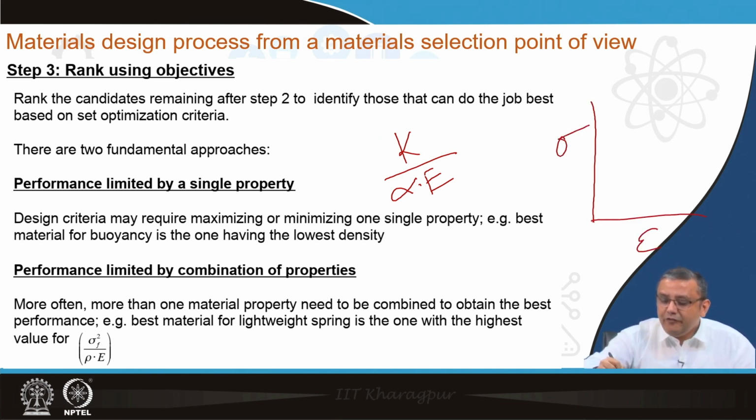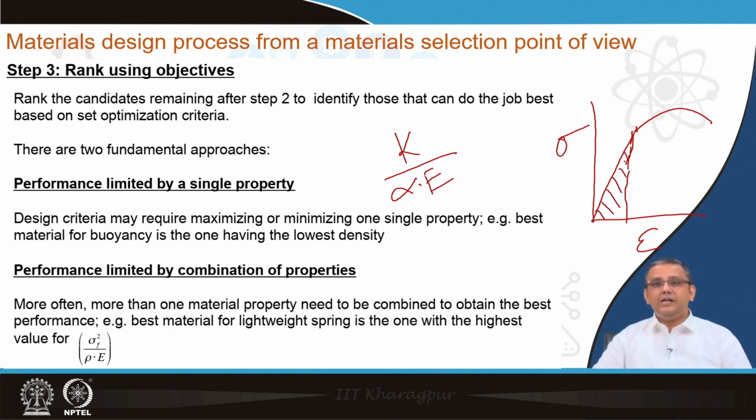If you draw a stress strain plot of materials, you initially get a linear elastic region, and then if the material is plastic, like typically metals, you end up in the plastic zone. Now this area under the linear elastic region is called the modulus of resilience, and the higher the modulus of resilience, the better the material for the spring application.